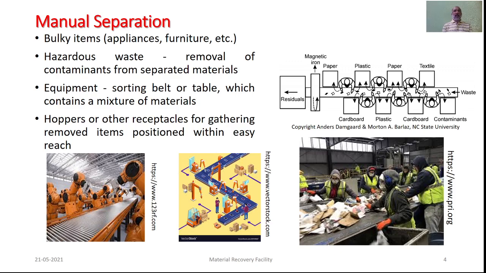So the first thing that we wish to go for is separating out the white goods. It would be in the form of bulky items like appliances, furniture, etc. Also, there will be certain hazardous content which would be causing that cross contamination, hence they need to be removed out of that stream.